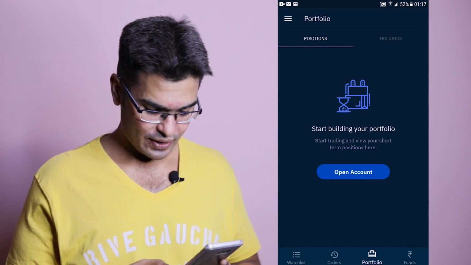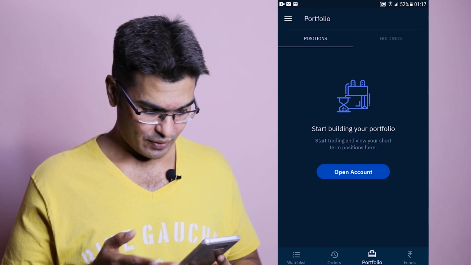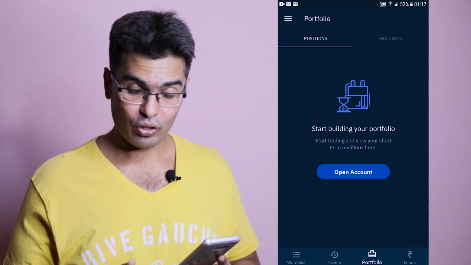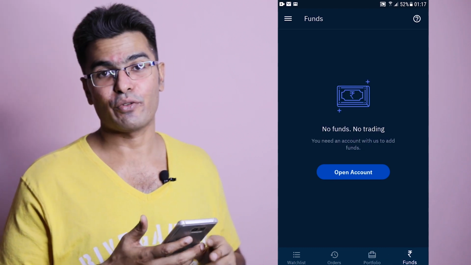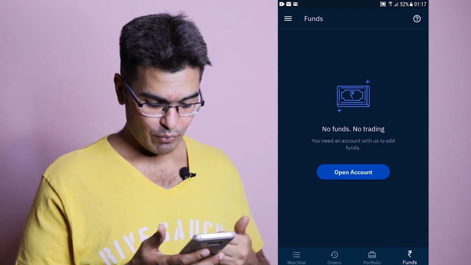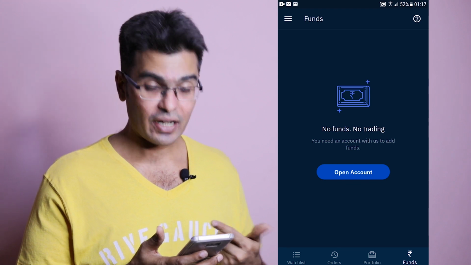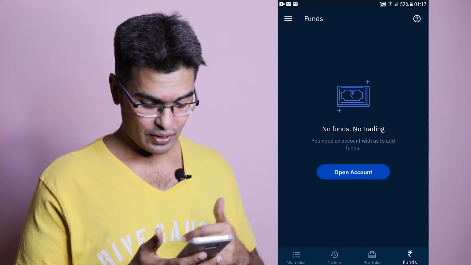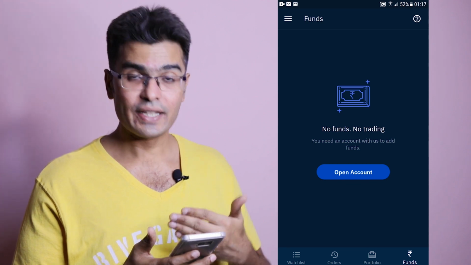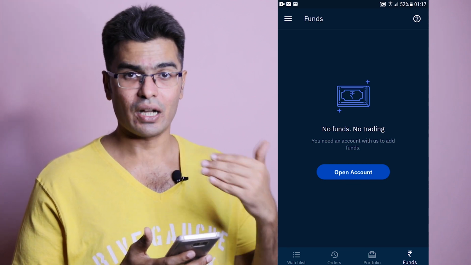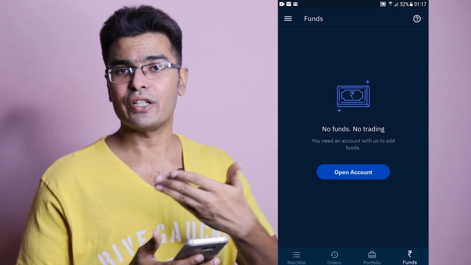Once we are done with this, now the last thing, not the last thing, one of the most important things is the funds, the addition or removal of funds from this account. Since I am operating a free account, I am not able to see that particular option. But once you click onto the funds section, you will see an option for entering the amount, which you need to enter and proceed.